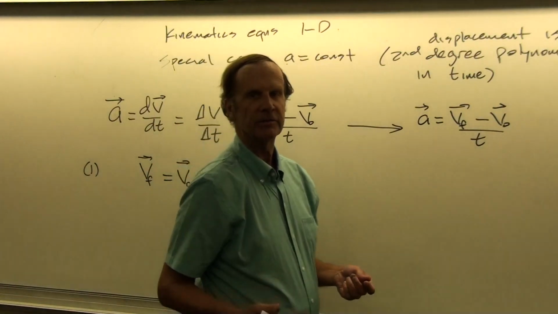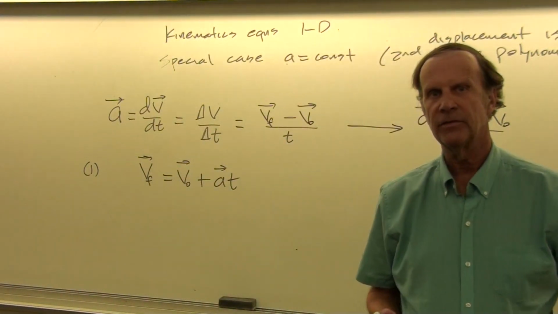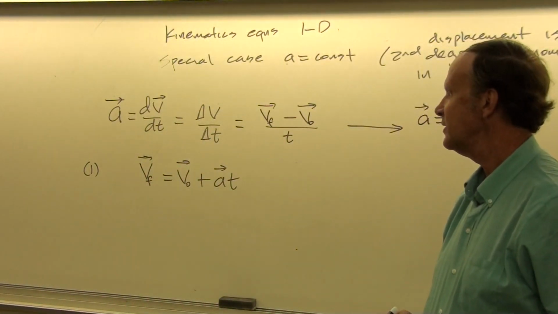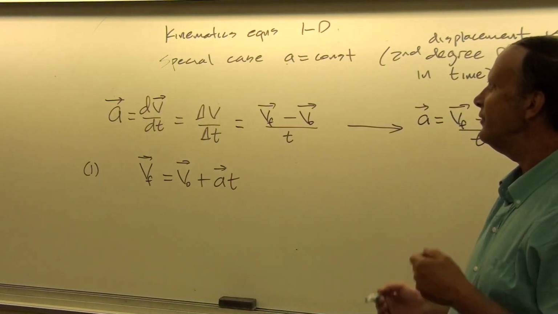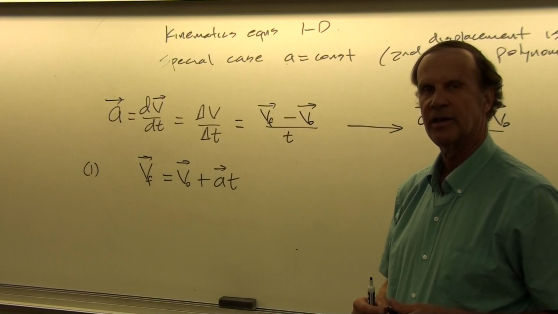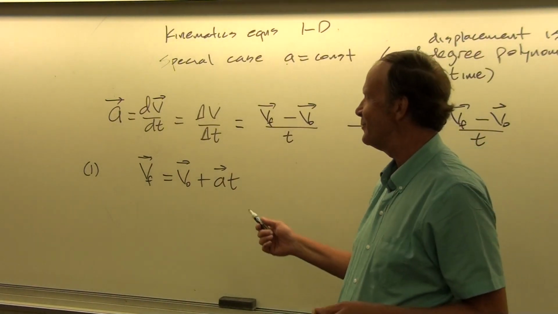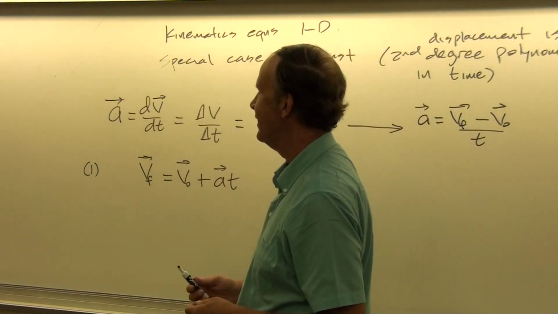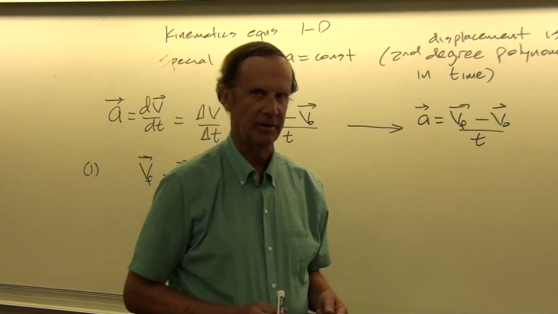And my goal here is to find a whole collection of these kinematics equations that relate different combinations of the physical quantities to each other. So we have our choice. We can pick whichever equation we want to solve for the desired result.